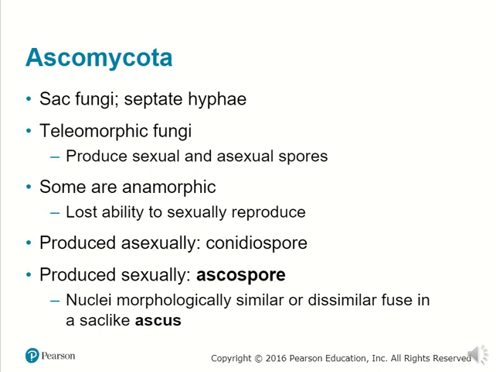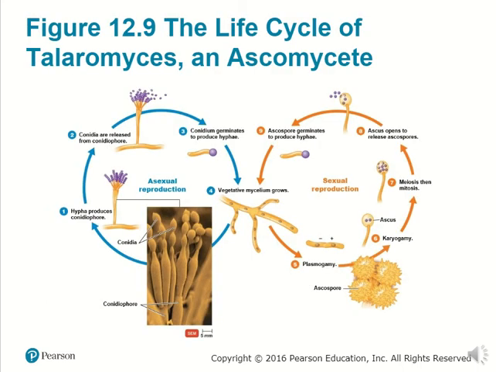When they reproduce asexually, they produce conidiospores, and when they reproduce sexually, they produce ascospores. The nuclei, morphologically similar or dissimilar, will fuse in a sac-like ascus. And shown here is the life cycle of Talaromyces, a type of ascomycete.